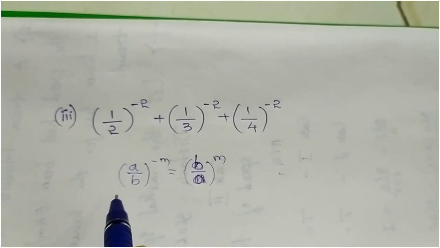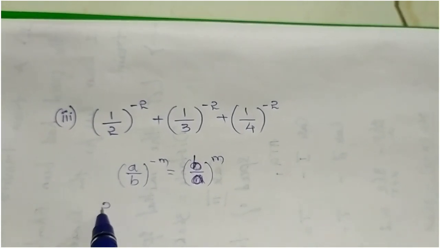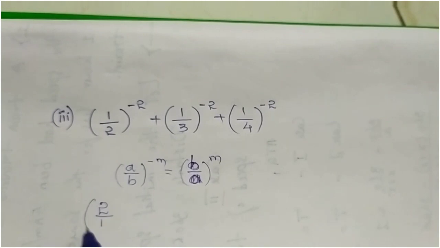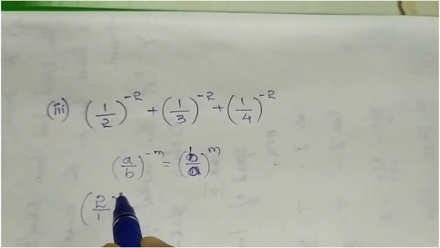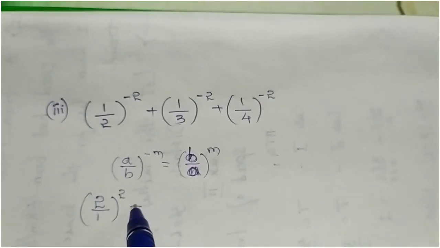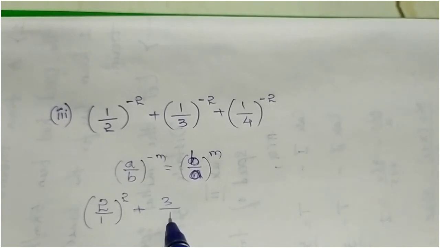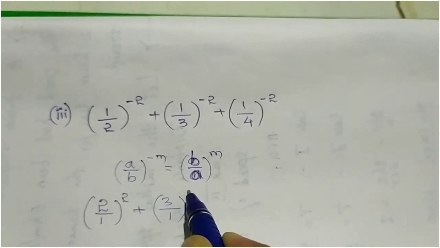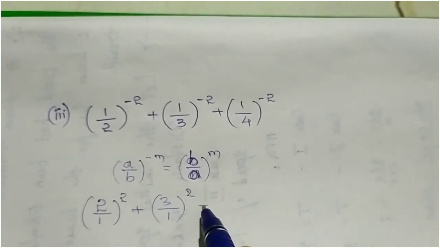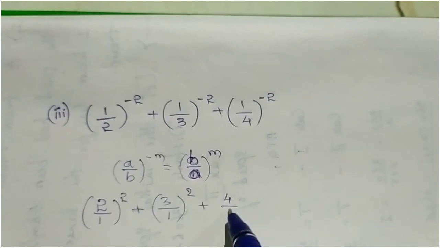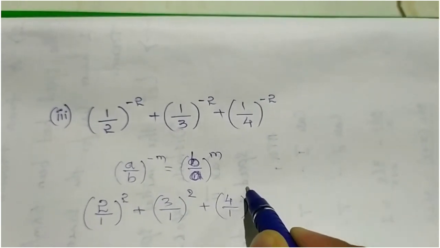1 by 2 whole power minus 2, I will write it as 2 by 1 power plus 2, plus 3 by 1 whole power plus 2, plus 4 by 1 whole power 2.